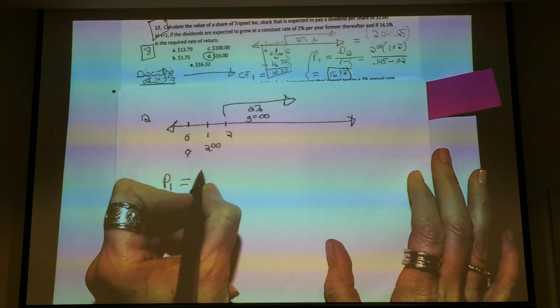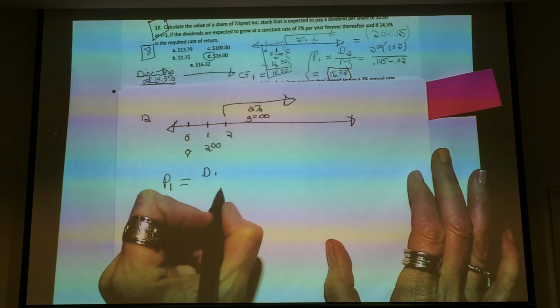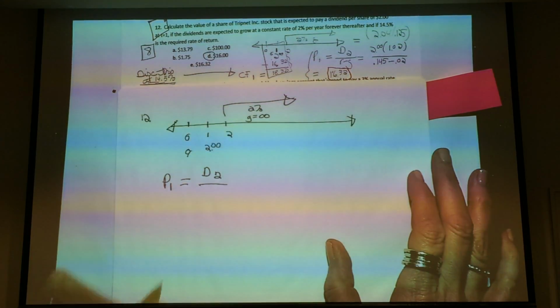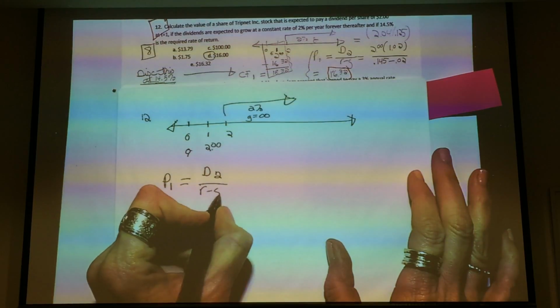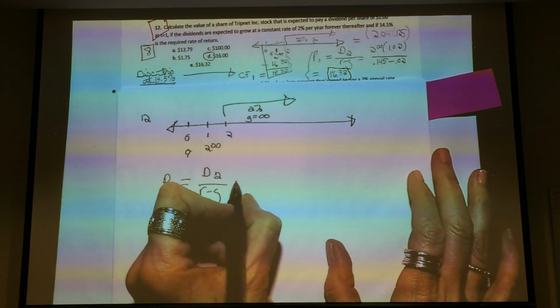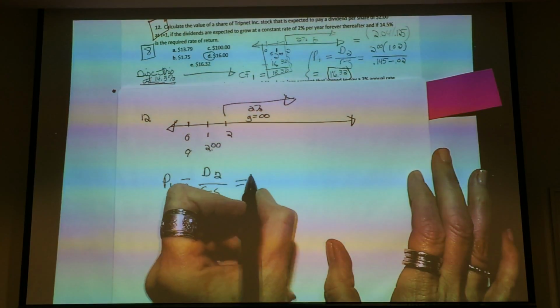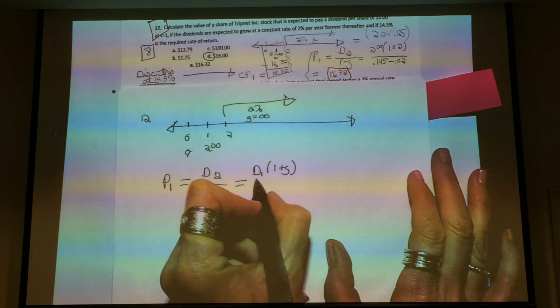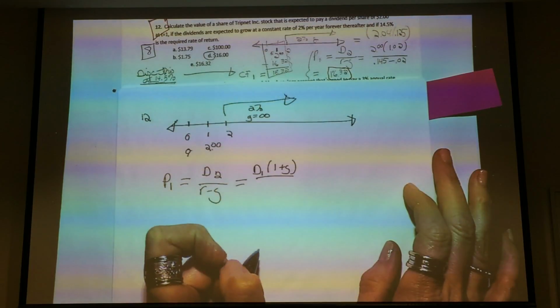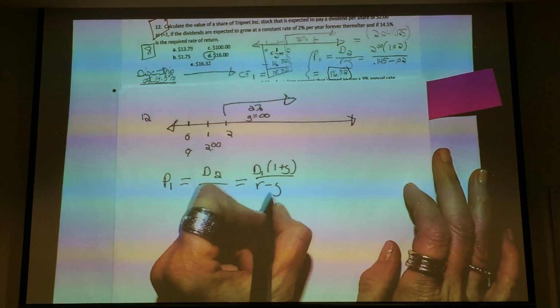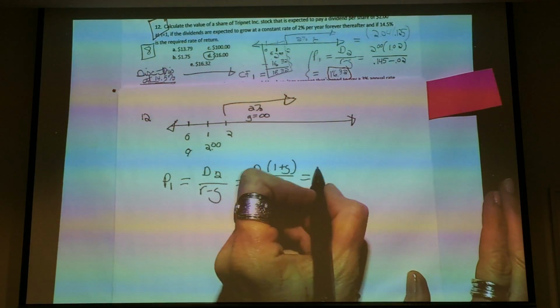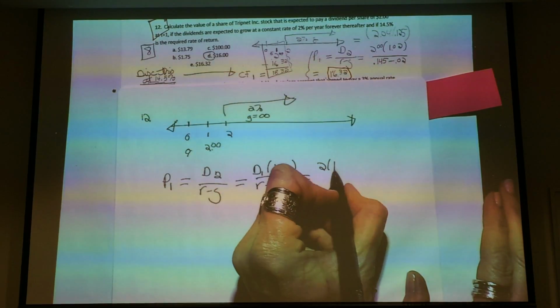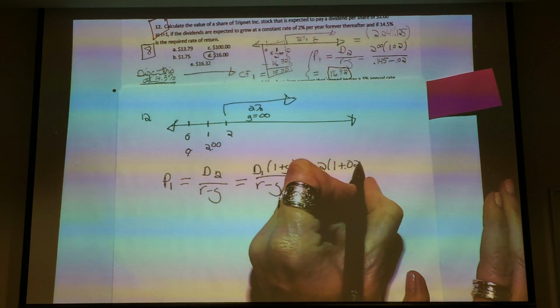So P1 is equal to dividend 2 divided by R minus G. You've got dividend 1, so you can figure out the dividend 2 multiplied by 1 plus the growth rate. So that's my $2 multiplied by 1.02.